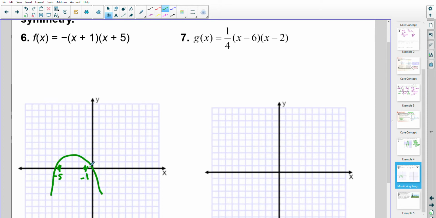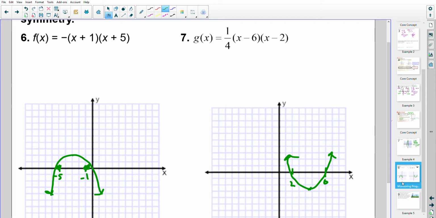I'm not really finding the vertex in this one, just giving you the general idea of the shape. Also 6, 2, let's say that's 6 and that's 2, and you know it's going to go up. General shape looks like this. Of course, that vertex is not found. You'd have to find that out.